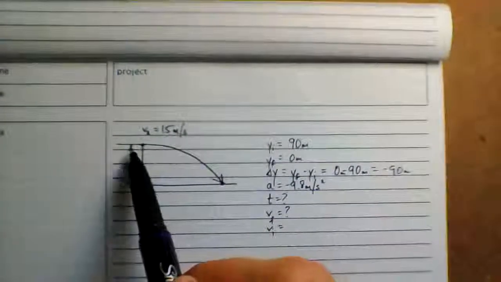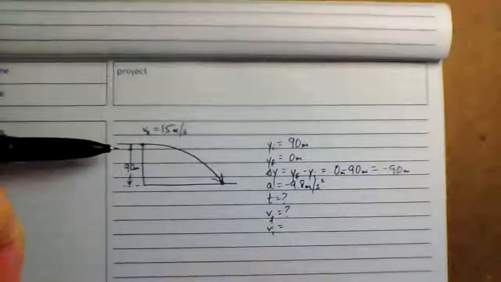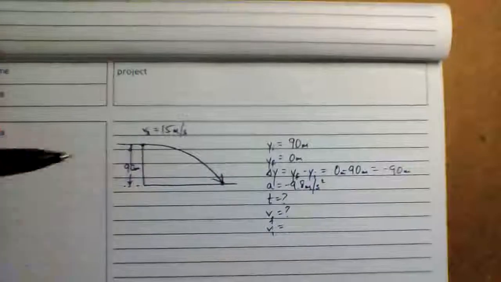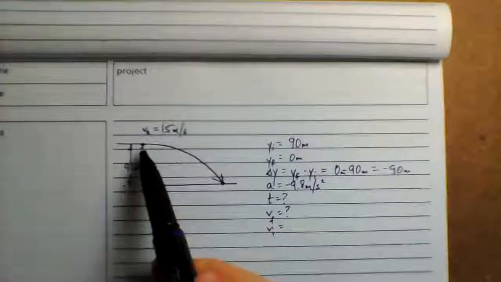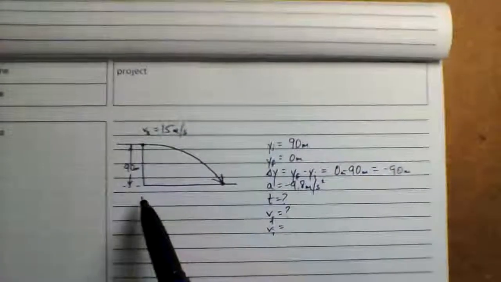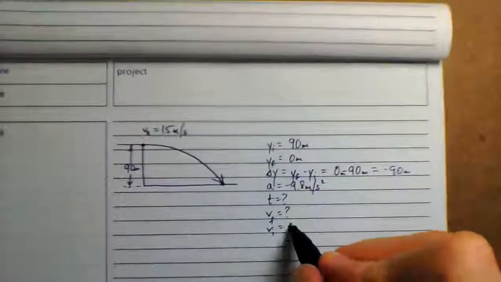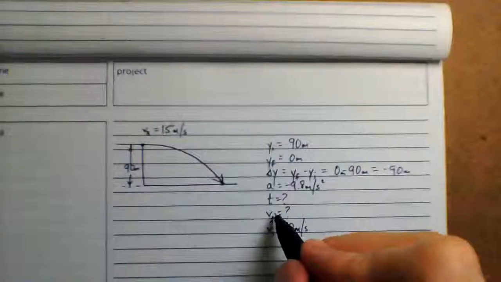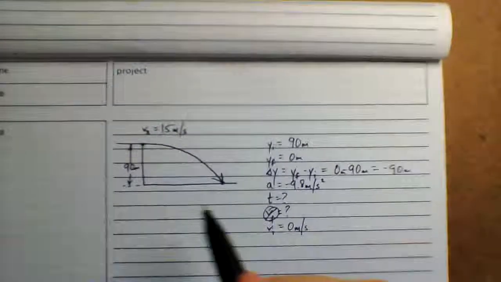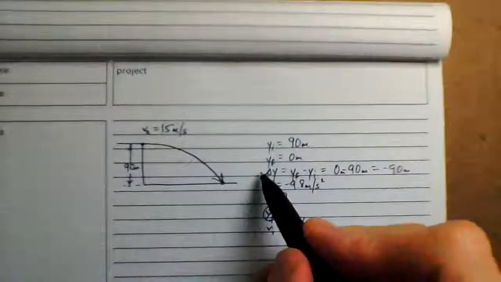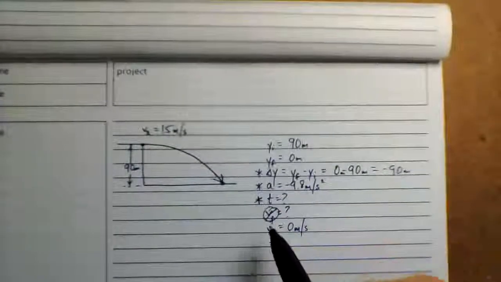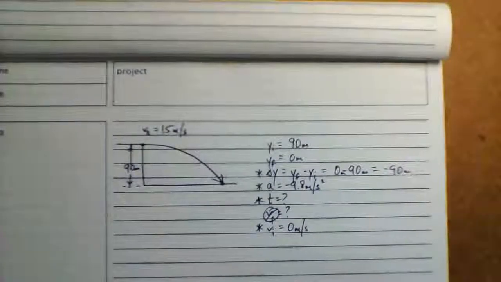If this is moving horizontally, it's moving in this direction initially, which means that it's essentially just falling to the ground. I'm not giving it any velocity at the beginning of the problem in the positive or negative y direction. So I'm going to say my initial velocity is 0 meters per second. So what that does, I'm going to go ahead and cross out my final velocity since I'm looking for my time. And I'm going to use delta y, acceleration, time, and initial velocity.